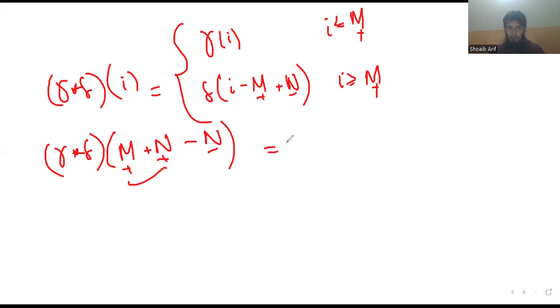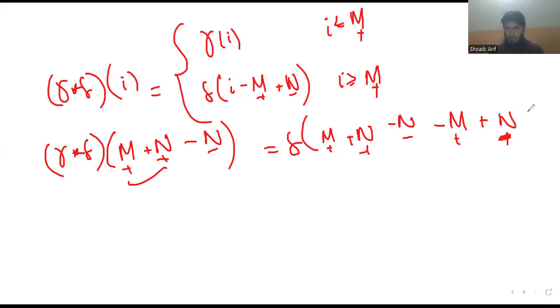So what we will get is m plus plus n plus minus n minus minus m plus plus n minus. We can see the n minus values, positive and negative, cancel. So we get n plus.